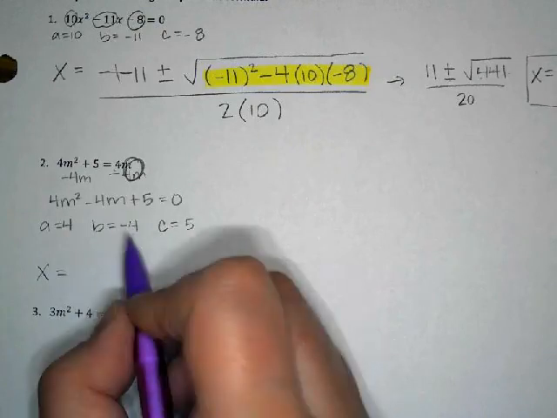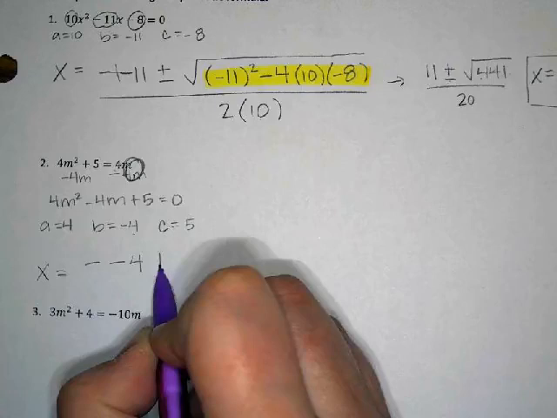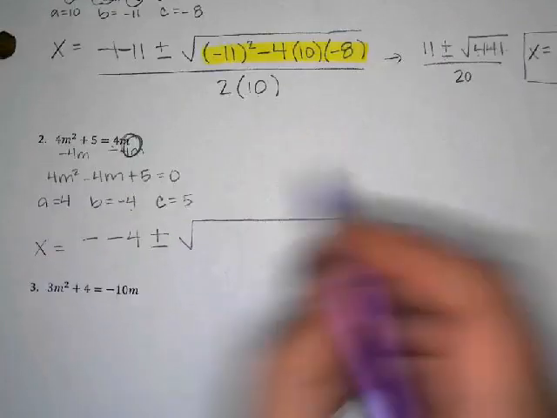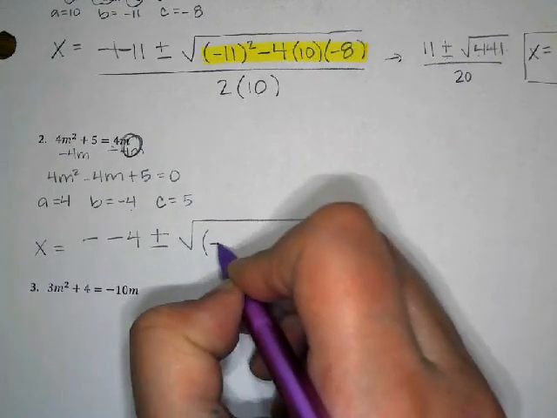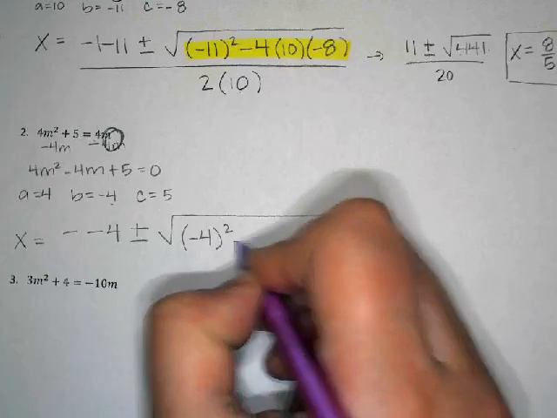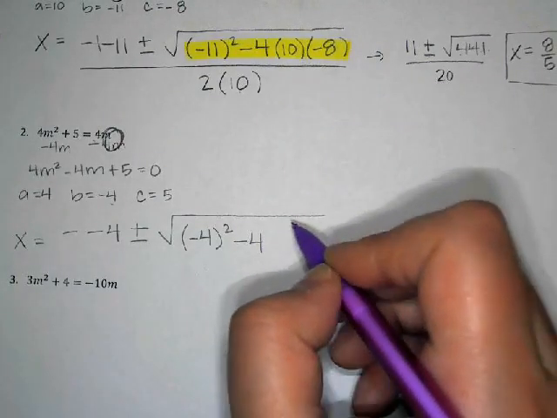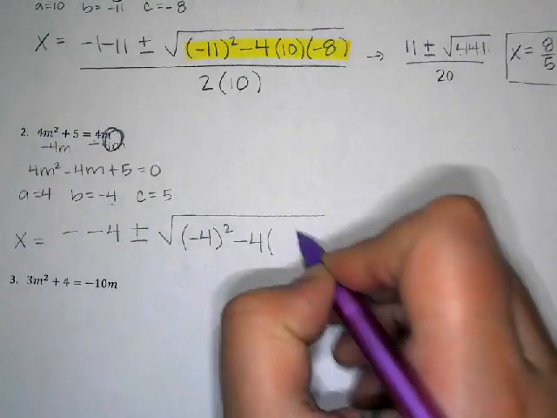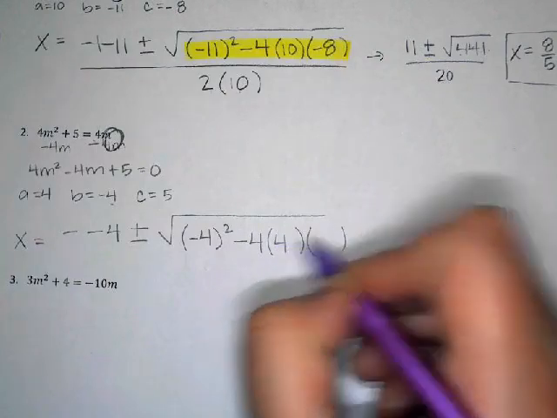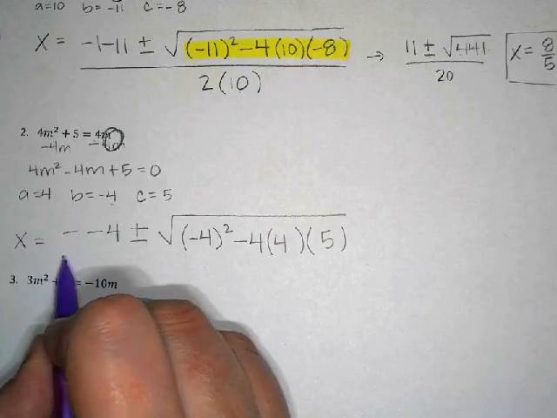So I'm going to say the negative version of -4 plus or minus the square root of -4 squared minus 4 times a times c. So what 2 numbers should I put here? Times 4 times 5. Perfect. Okay, all divided by 2 times a.